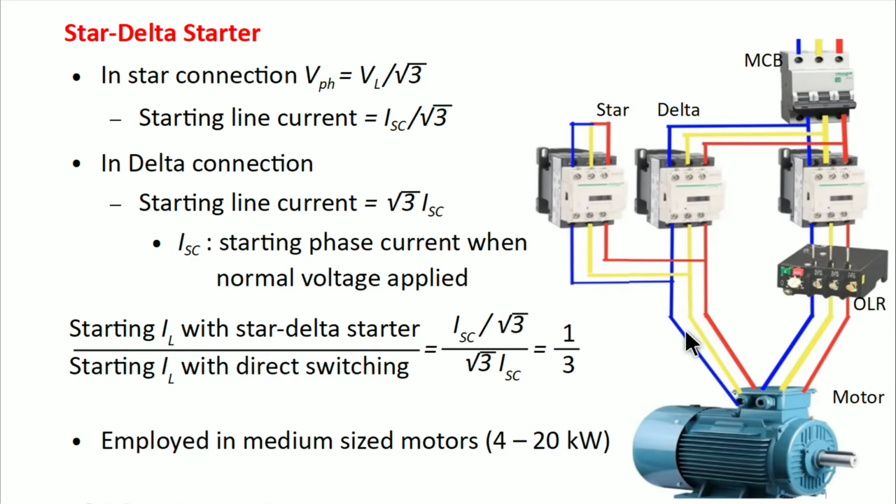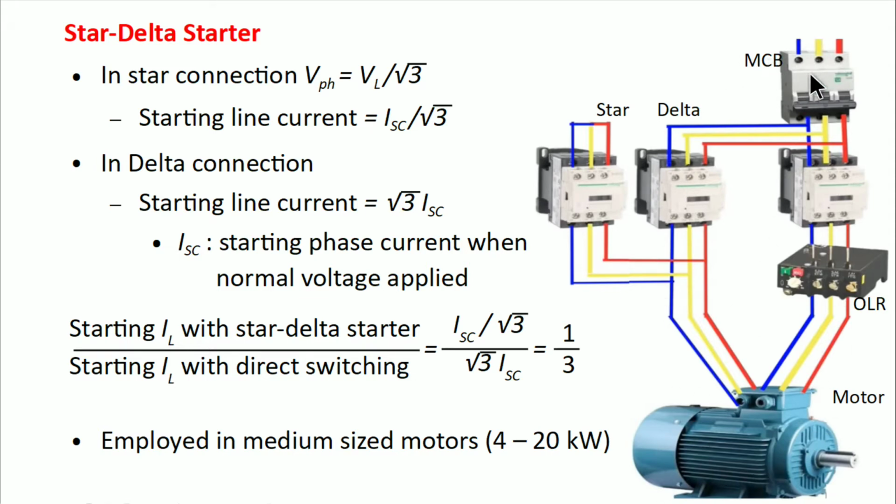As its name indicates, the motor windings are connected in star at the time of starting, and when the motor picks up nearly rated speed, the windings are connected in delta. Now here is a schematic diagram of the starter.